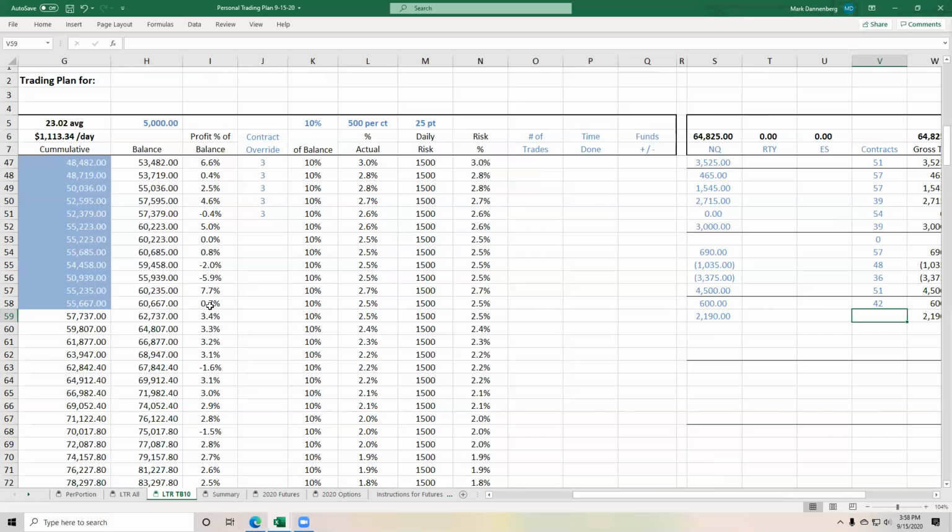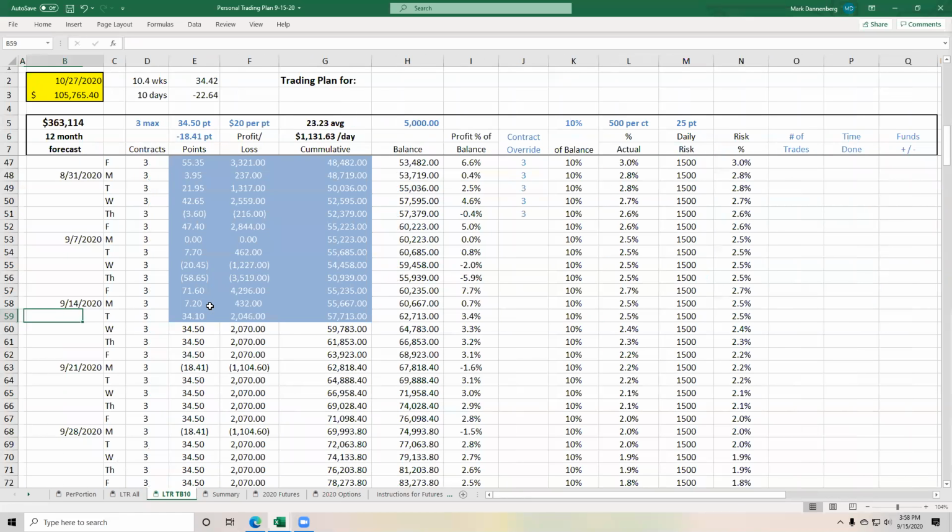So 12 trades at 3 contracts per trade is 36 contracts. By putting in the number of contracts, we're taking care of estimating our costs, or allocating for our costs, commissions, fees associated with our trading. So our net profit today after fees and commissions is $2,046.